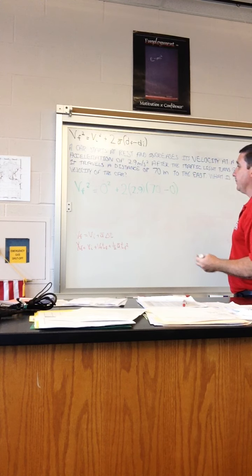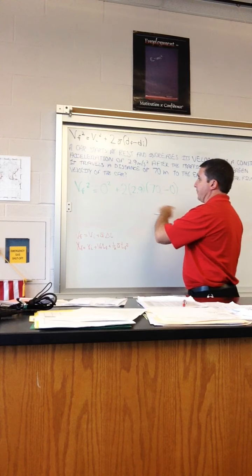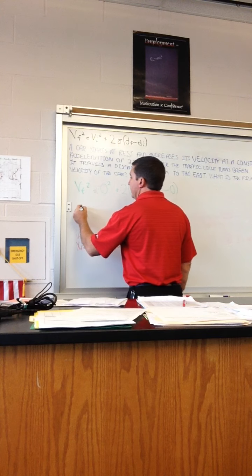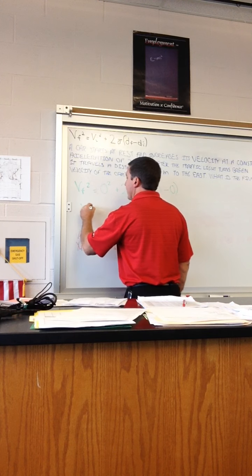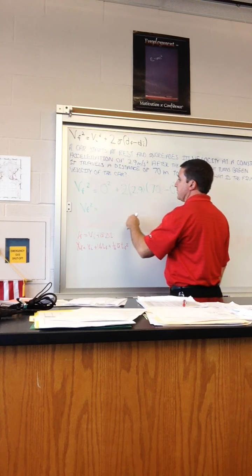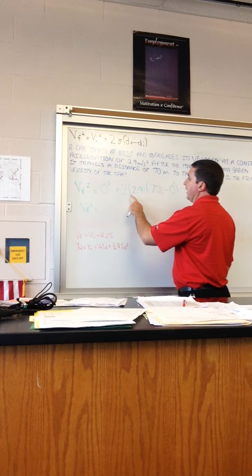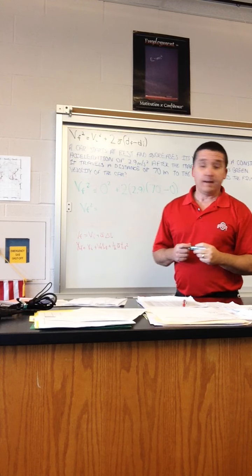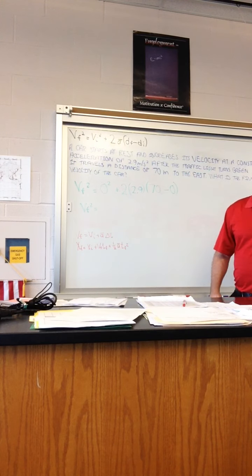Okay, we go ahead and we can simplify everything to the right of the equal sign. So we have v sub f squared equaling, this is just 0, so we can just leave that alone. So we're going to multiply 2 times 2.9, and we're going to multiply that by 70.